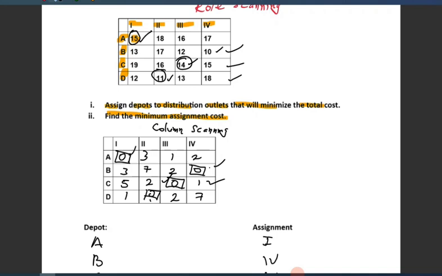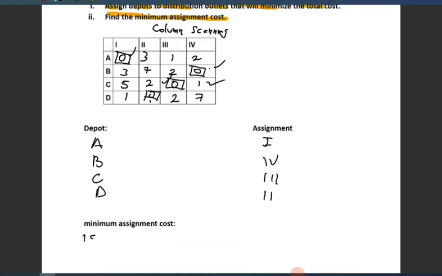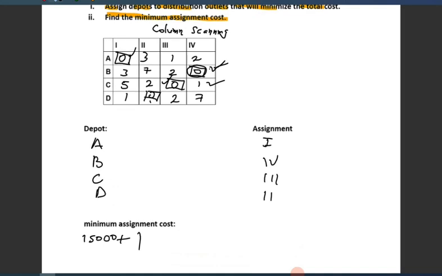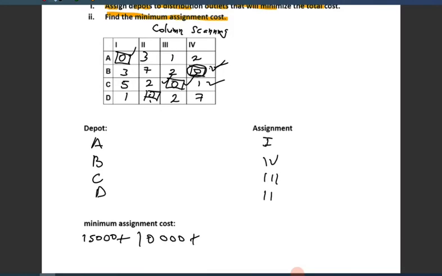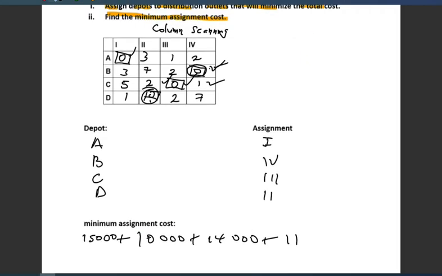So we have 15, then 15,000, because they are given in thousands, plus the next 0 here, which corresponds to 10, so we have 10,000, plus this 0 here, which corresponds to 14, so we have 14,000, plus this 0 here, which corresponds to 11,000.